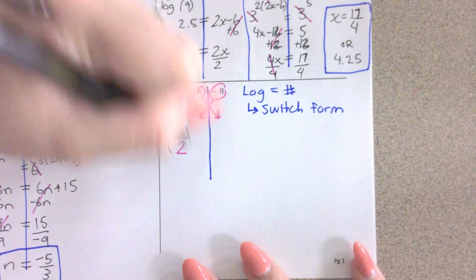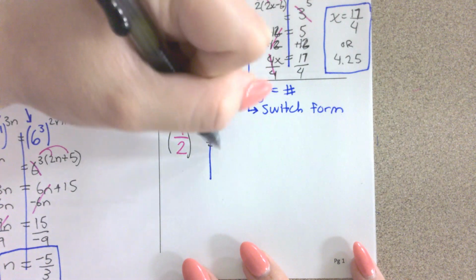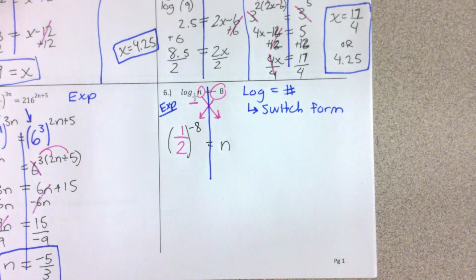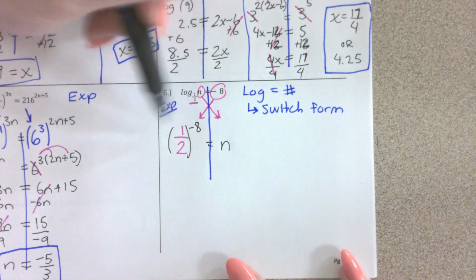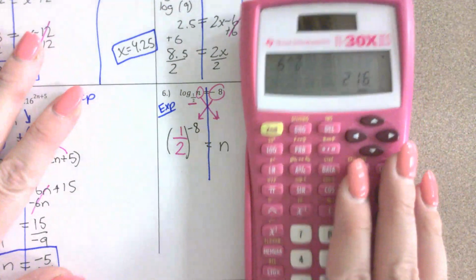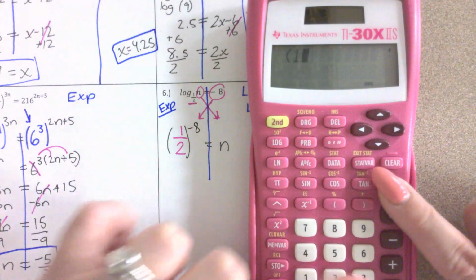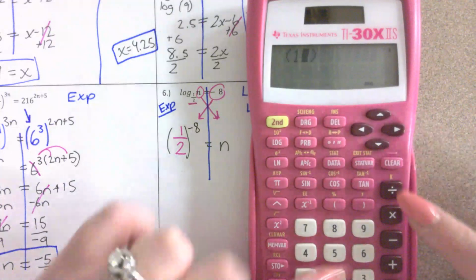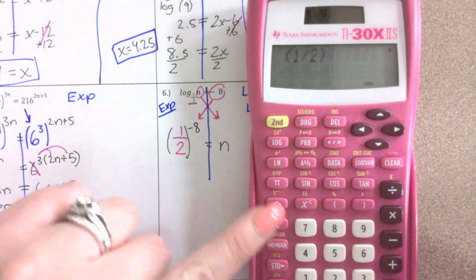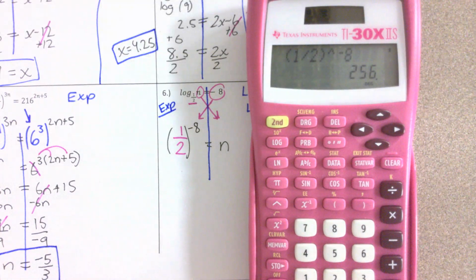So this is 1/2 to the negative 8th power equals n. And I'm basically done. I just need to put this in my calculator and see what I get. Don't forget those parentheses, 1 divided by 2, to the negative 8. 256.